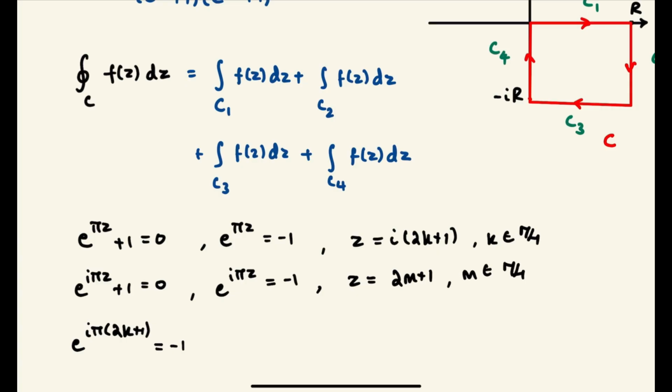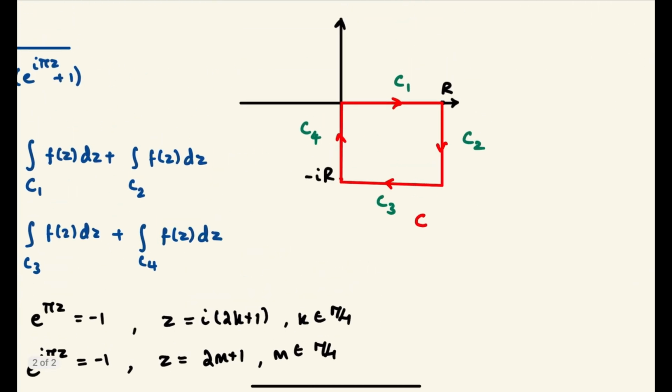Okay, awesome. Now for the top poles, you guys can see how they lie on this top axis here, on the imaginary axis. So it's going to be i, 3i, 5i, 7i, so on and so forth. But those don't really matter to us. They're not on this red contour that we have.